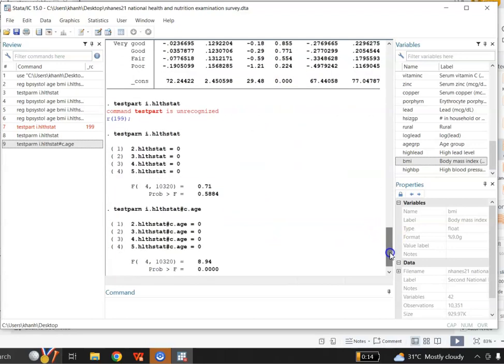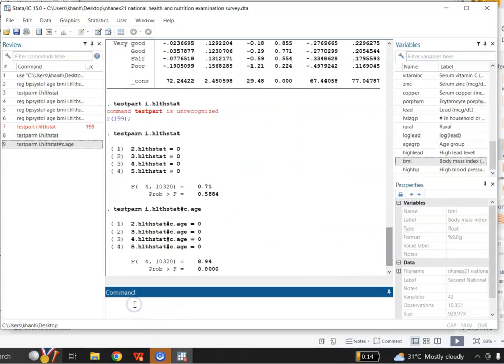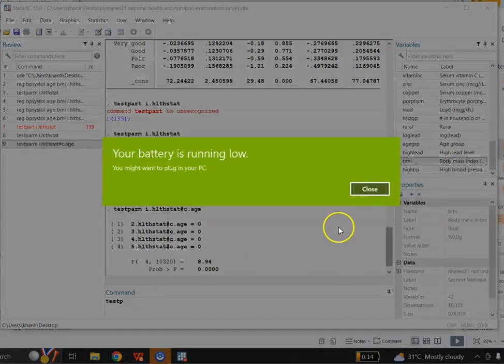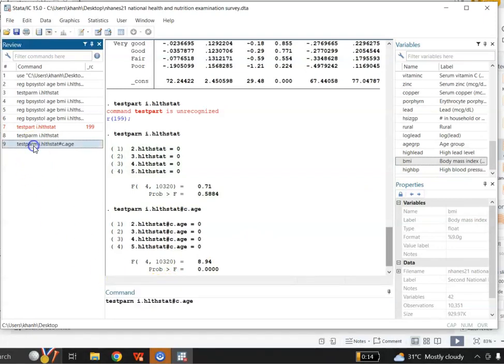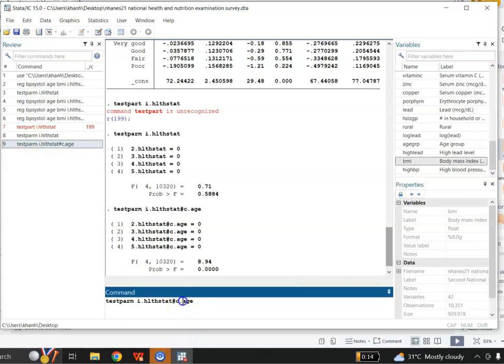After this, I will test another hypothesis for the interaction coefficient. Let me write this one. Instead of age, I will write BMI.